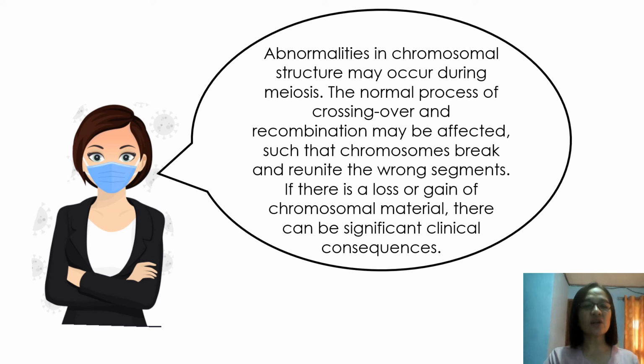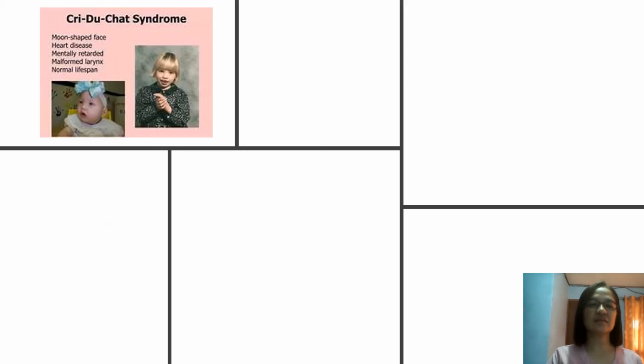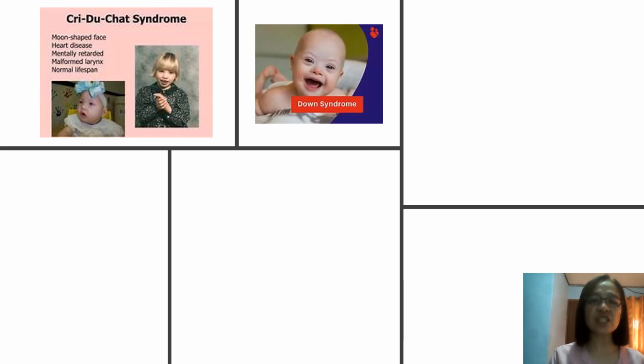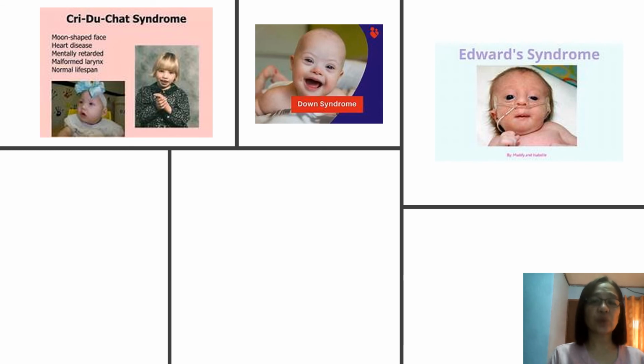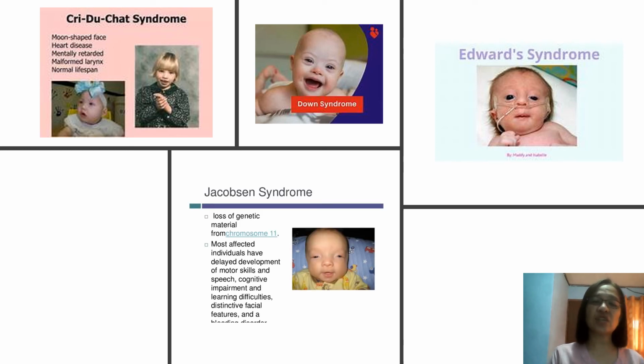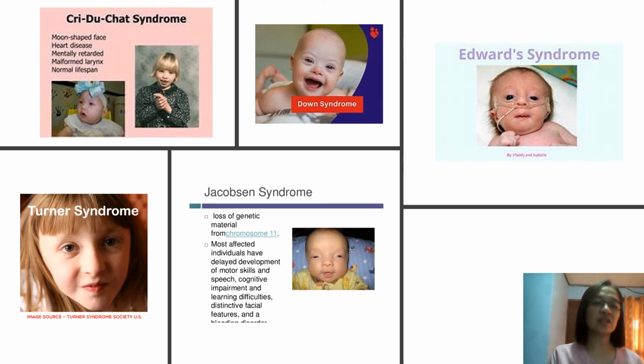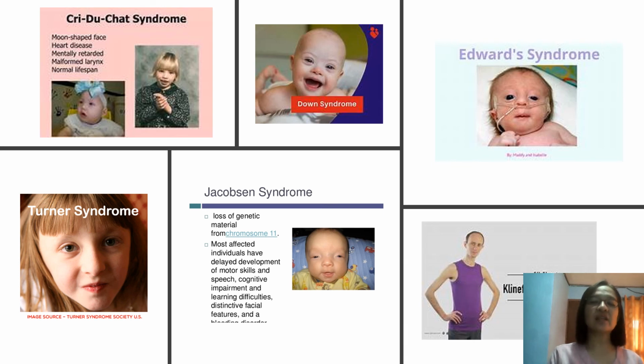If there is a loss or gain of chromosomal material, there can be significant clinical consequences. What are those examples? Cri-du-chat syndrome, Down syndrome, Edwards syndrome, Jacobsen syndrome, Turner syndrome, and Klinefelter syndrome.